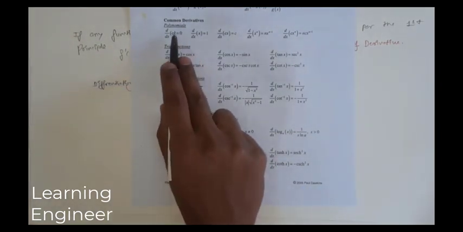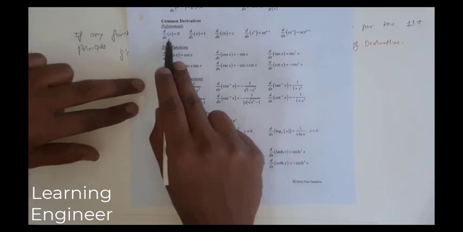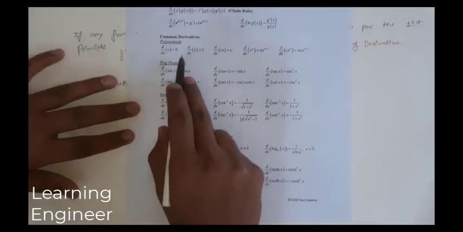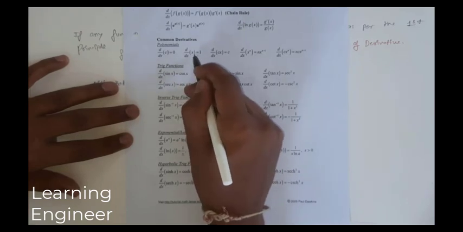So when we talk about polynomials, first is the derivative of a constant. Constant means derivative of 1, 2, minus 1, minus 3. Constant means any number. So the derivative of a constant is 0. Then the derivative of x is 1. Why is the derivative of x 1?